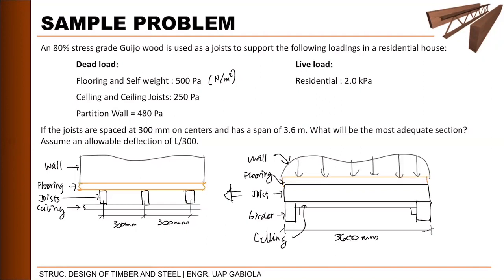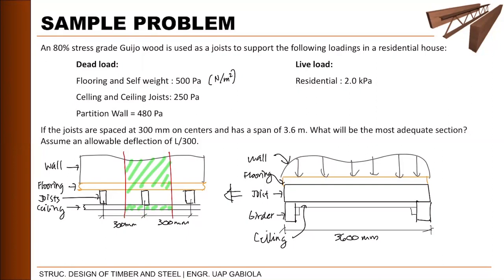Ang kailangan natin is yung tributary lang na i-carry ng isang beam natin. And that tributary pertains dito sa section na to. Kumbaga, dun sa diagram natin, itong portion lang na to yung i-carry ng mismong joist natin.